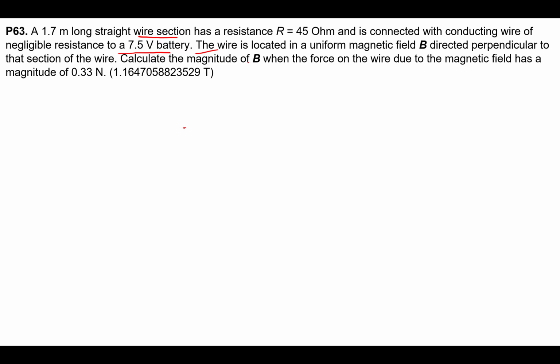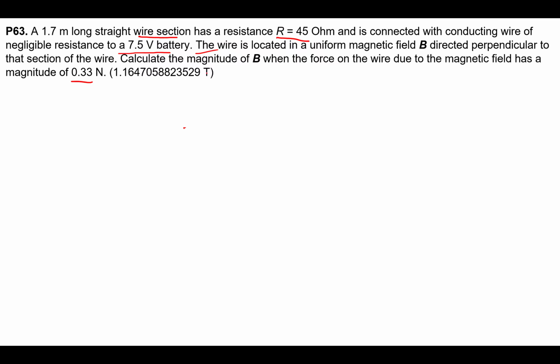The wire is located in a uniform magnetic field B directed perpendicular to the section of the wire. Calculate the magnitude of B when the force on the wire due to the magnetic field has a magnitude of this one. In this case, it did not say anything about the current, but you can find out the current from its resistance and the voltage.